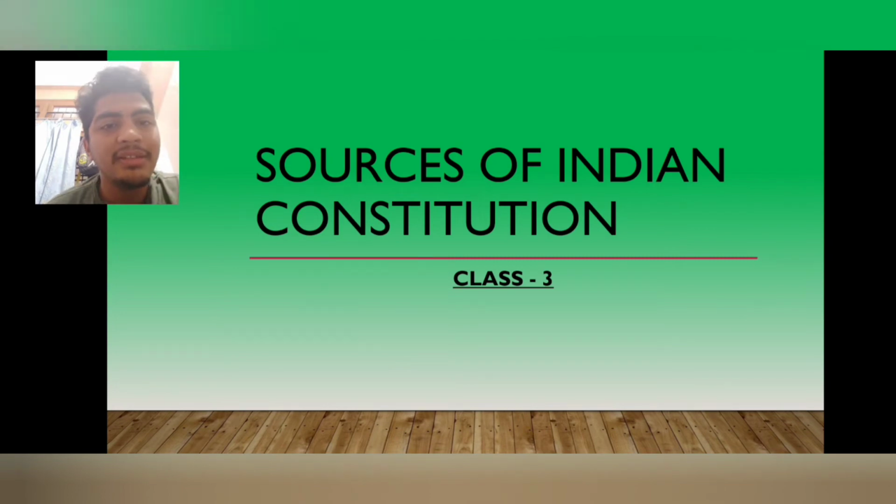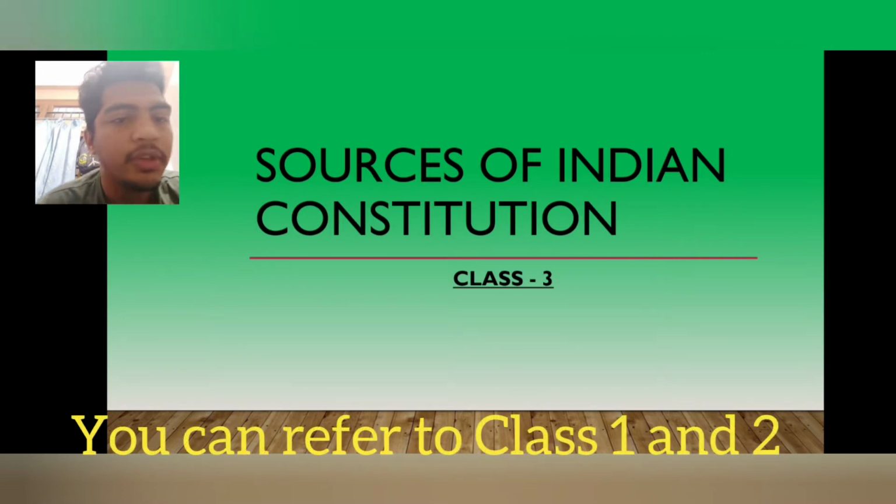In this third class, in the previous class 2, we learned about the making of the constitution, how the Constituent Assembly was performing before and after the partition, when it was undivided India. You can refer to that class.